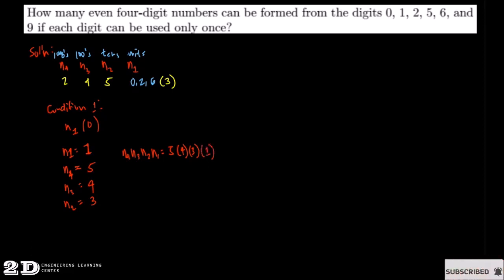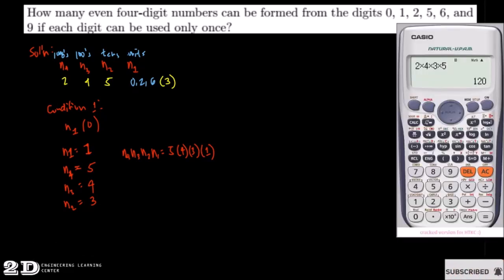Using again our calculator, we have 5 times 4 times 3 times 1, so we have 60. So this is equal to 60 ways.